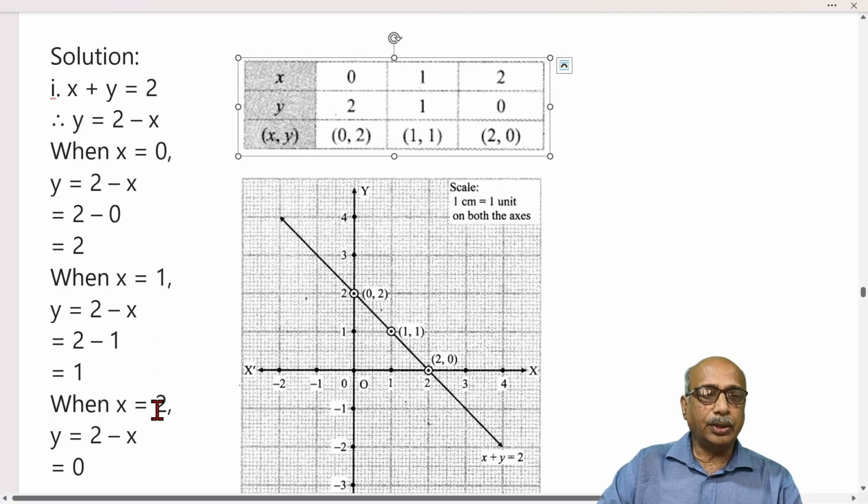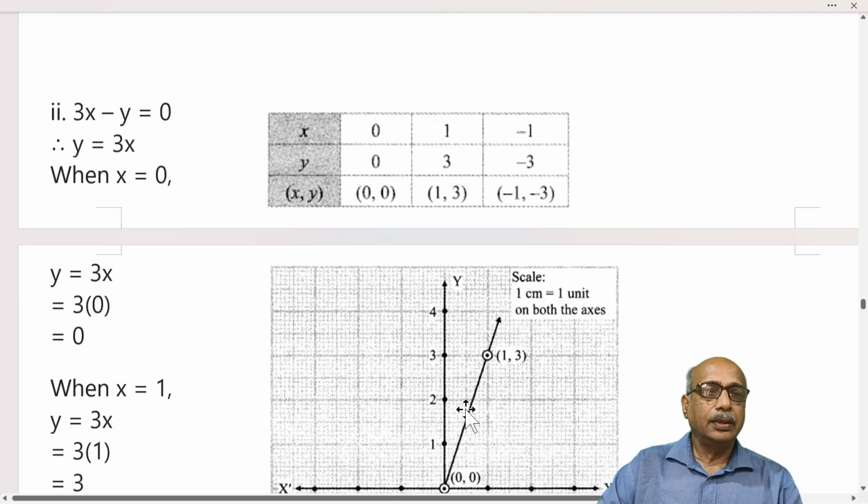When x equals 2, y equals 0. We only have to substitute in x plus y equals 2. One term, you will get another term. And when we get both the terms, we write the coordinates as (x, y), that is (0, 2), (1, 1), (2, 0). And plot the points here, draw the line here. Very easy.